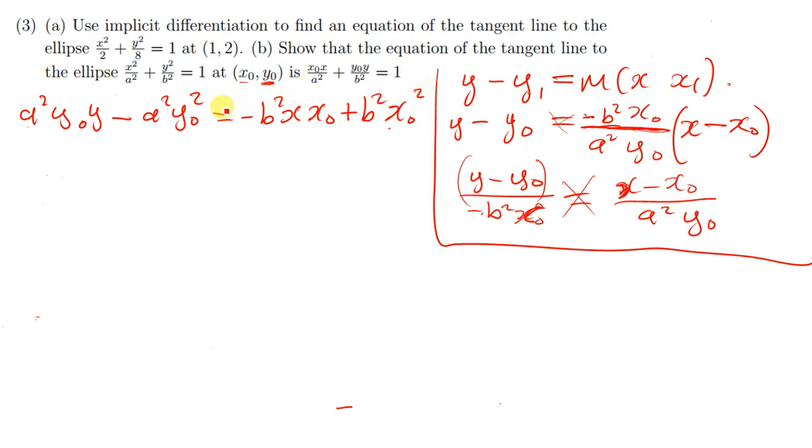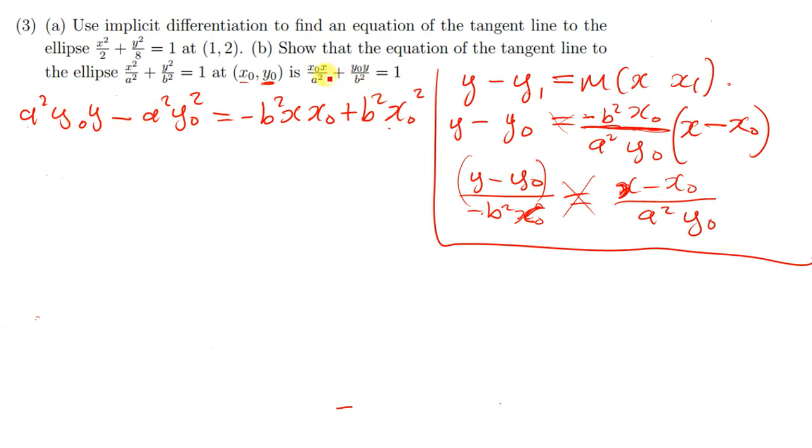Then let us organize this in such a way that we have something which looks like this one. So let us take the ones with x naught and x, and y naught and y, and put them together on one side.